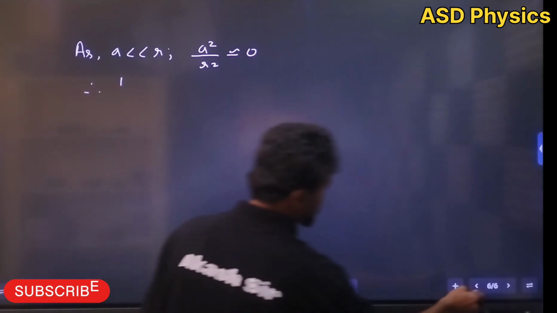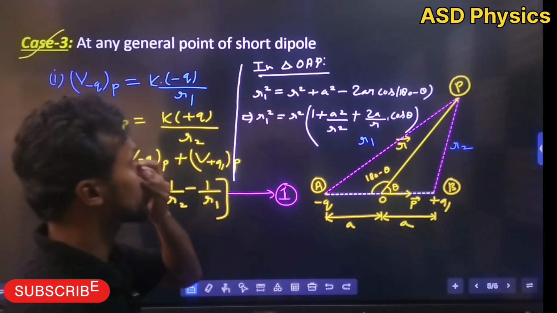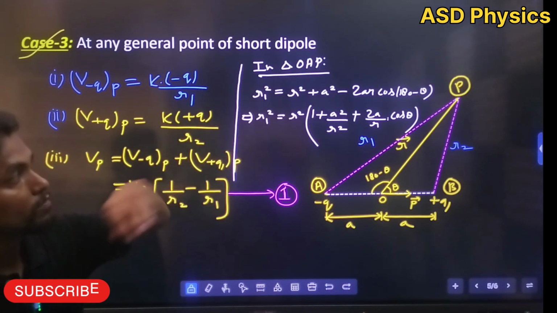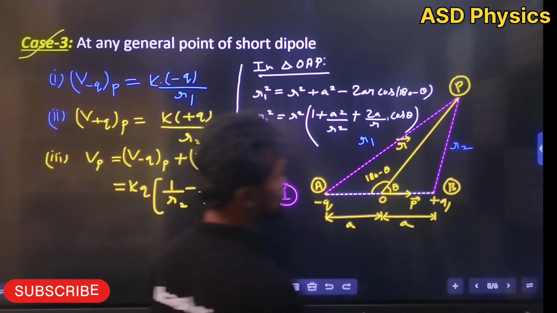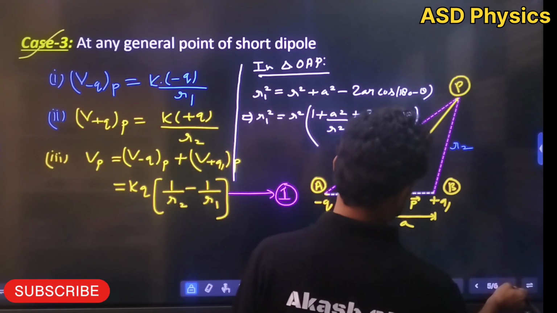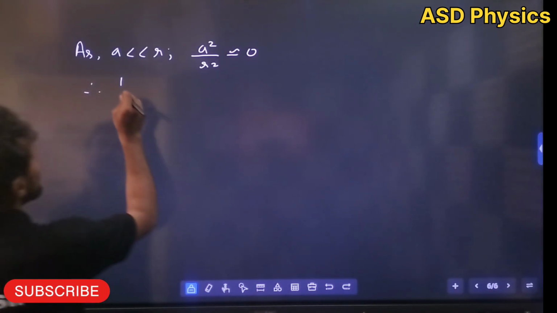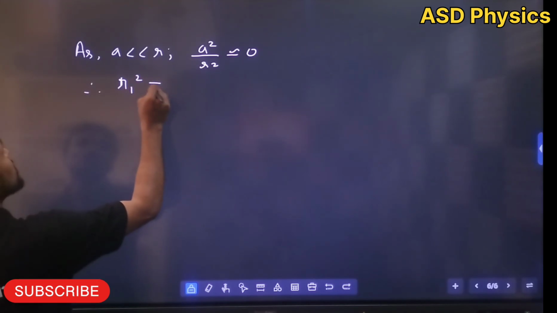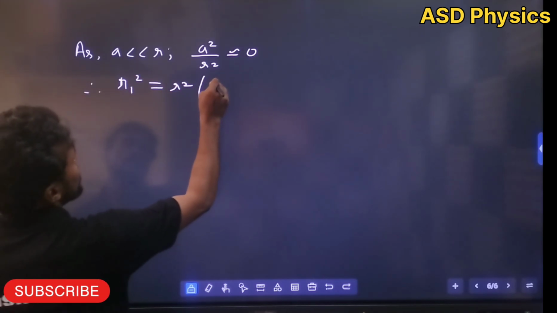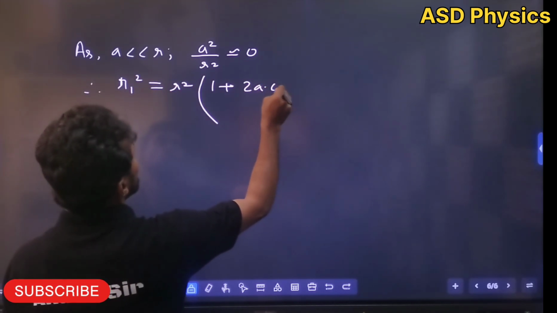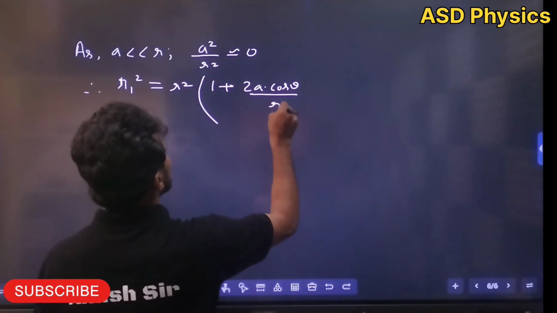Hence we can write R1 square equal to R square times (1 plus 2A cos theta by R). So R1 square is equal to R square (1 plus 2A cos theta by R).